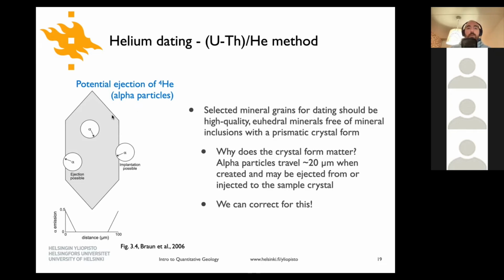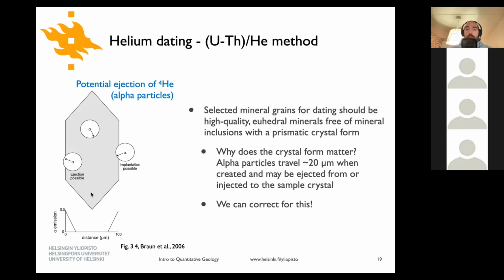And so these little circles here would all indicate, if there's an alpha decay, where that alpha particle could possibly go, anywhere in a spherical volume around the point where the alpha decay occurs. And as you can see, if you're near the edge of the crystal, it's possible the alpha particle just gets ejected out of the crystal, and then you don't ever have that helium, even though the decay occurred.